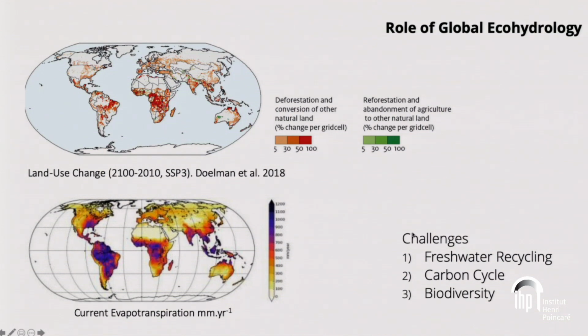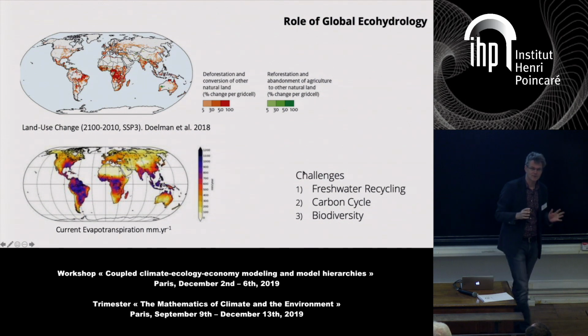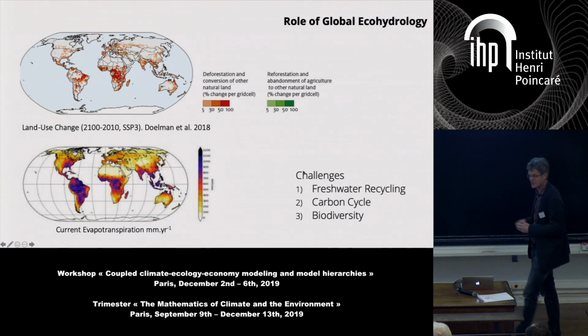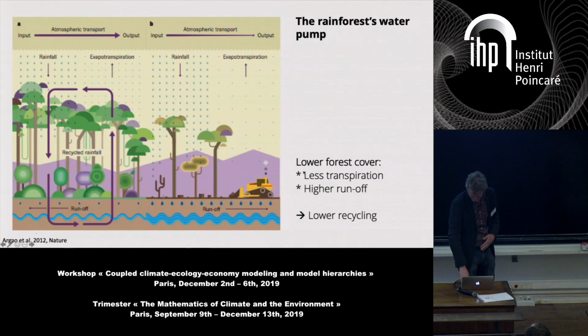But we also do know that we expect to have big land use changes till 2100. So I think the challenge we have is really to understand these impacts on the freshwater recycling, but also on the carbon and also on the biodiversity effects. But I will now mainly focus only on the freshwater recycling.